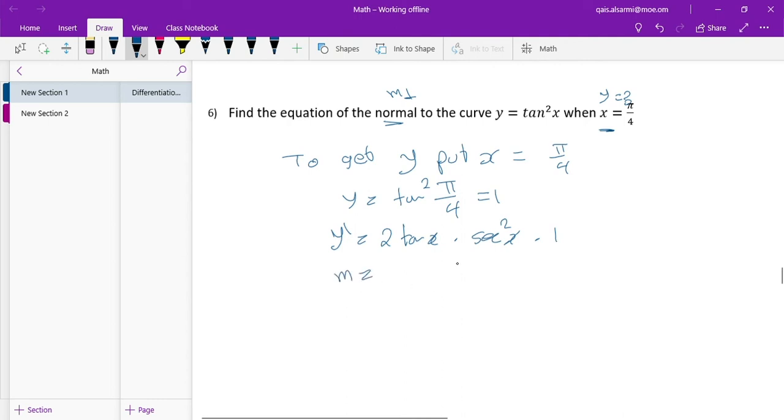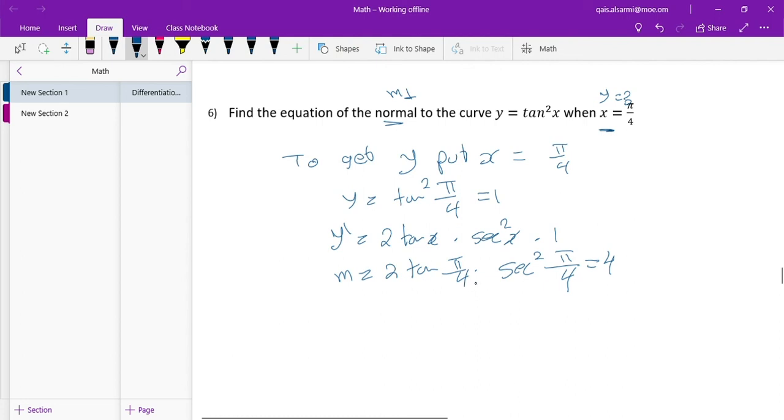So m equals, that's what we call the gradient function, but we're looking for the gradient. So m equals 2 tan pi over 4 sec squared pi over 4. You may use your calculator, it will be 4. How to evaluate it? Tan pi over 4.